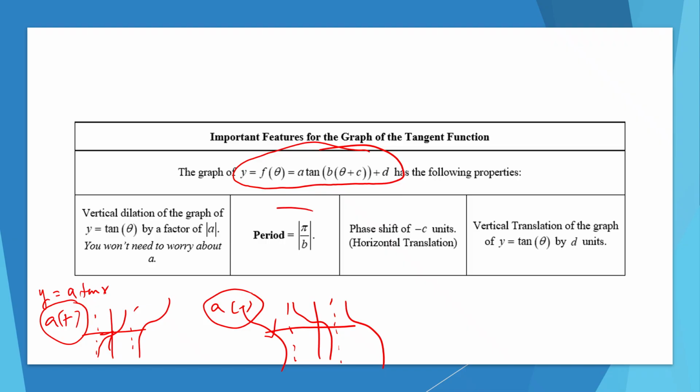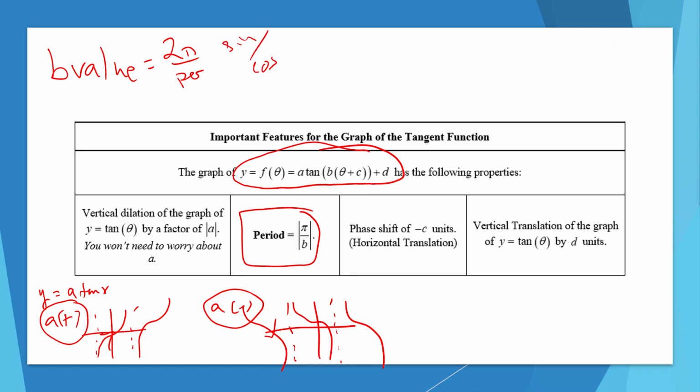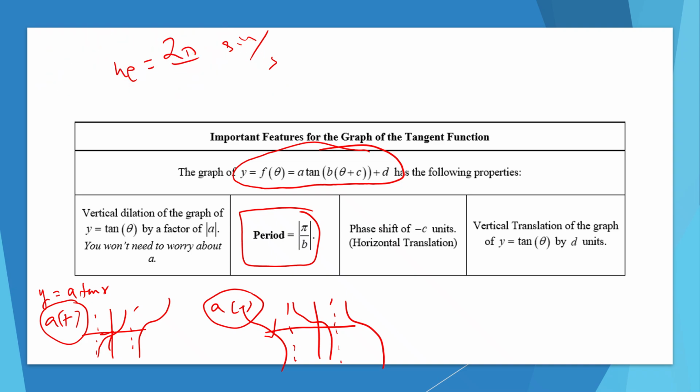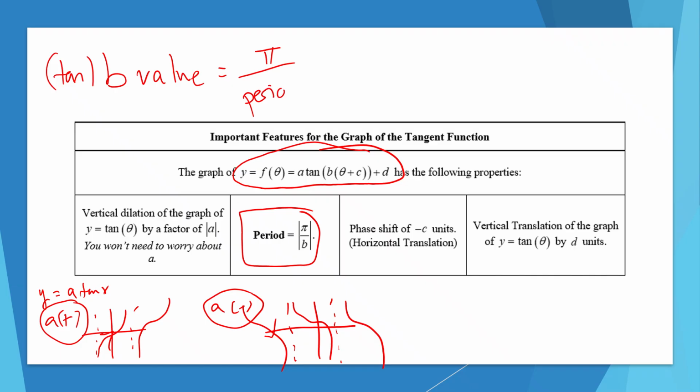The next thing is your period. So typically from sine and cosine, we learned your b value was 2 pi over your period. And that only works for sine and cosine. It does not work for tangent. So when we're talking about tangent, we're going to almost erase that equation from our mind. It is useless. So let's get rid of that and write a new b value equation. Our tangent b value is going to be pi over the period.